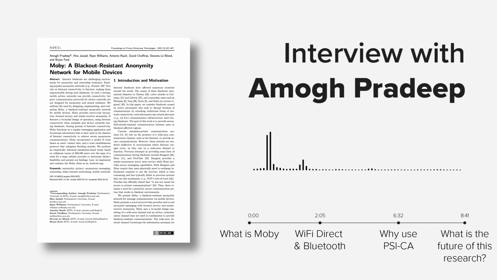To establish a Bluetooth connection between two phones, you need the MAC address of the other device. And there's no way of just emitting the MAC address with pure Bluetooth because you don't know what to connect to get this message that they're sending. So we use Wi-Fi direct for that. So essentially the Wi-Fi direct one is you rename your Wi-Fi direct name to Moby followed by the MAC address.